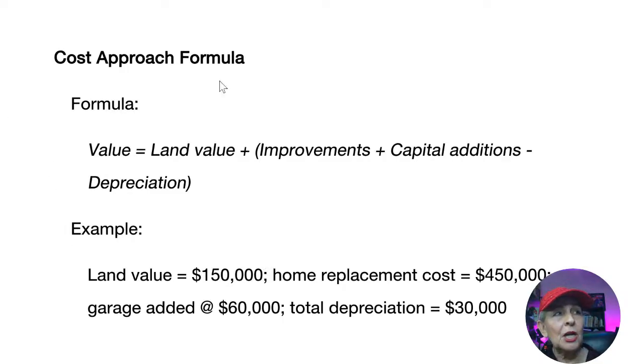All right, the cost approach. So there are 3 different approaches to calculating the value of a property. Do you know what they are? If you do, type them in the chat. I'll give you a moment. Remember, there's 3 different ways to determine the value of properties.